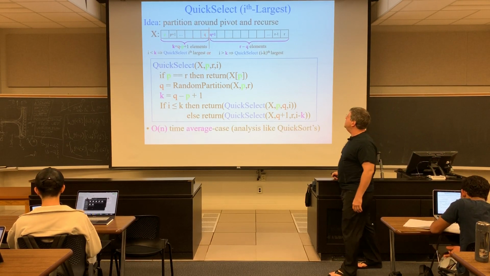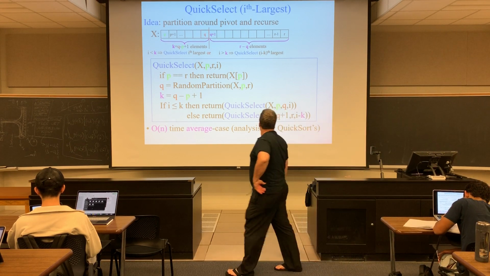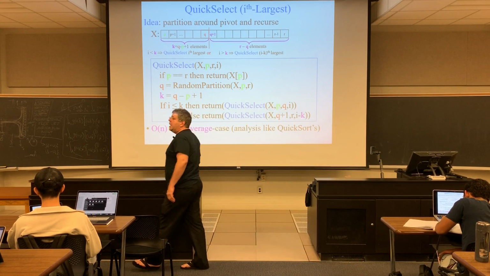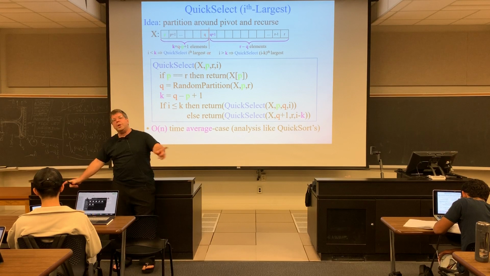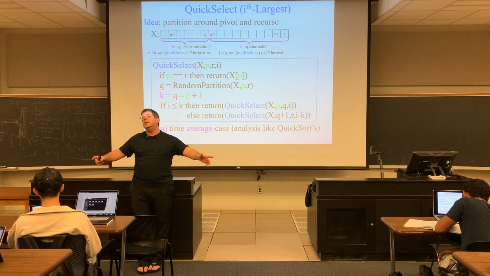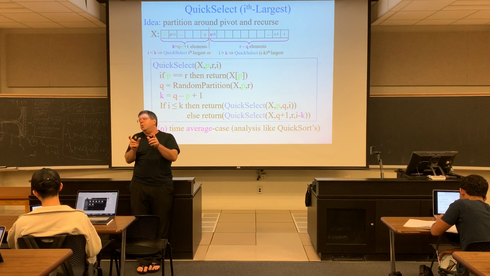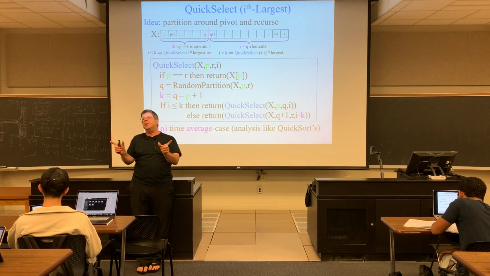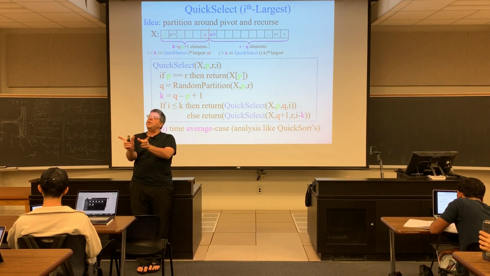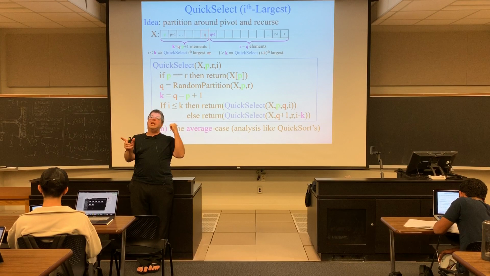Now, why is the time O of n on average? The analysis is very similar to that of quicksort, except with quicksort you recurse on both portions. I shouldn't say halves because that implies that they're equal. They're not necessarily equal, so it's two portions, one portion and the other portion. In quicksort, we recurse on both portions separately. In quickselect, this algorithm, we only recurse on one or the other, but not both.